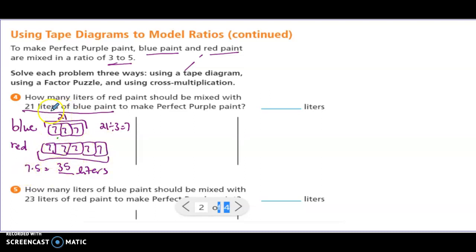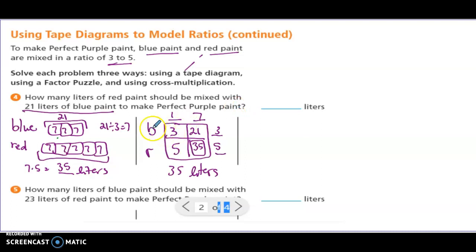Okay, and I used the fact that I knew that I had 21 liters, so I knew that these 3 when added together had to equal 21. So 21 divided by the 3 parts meant that there were 7 liters in each part, and that meant 7 liters had to go in each of these 5 boxes, and for a total of 7 times 5 giving me 35 liters of red paint needed to mix with 21 liters of blue to equal the perfect purple paint.